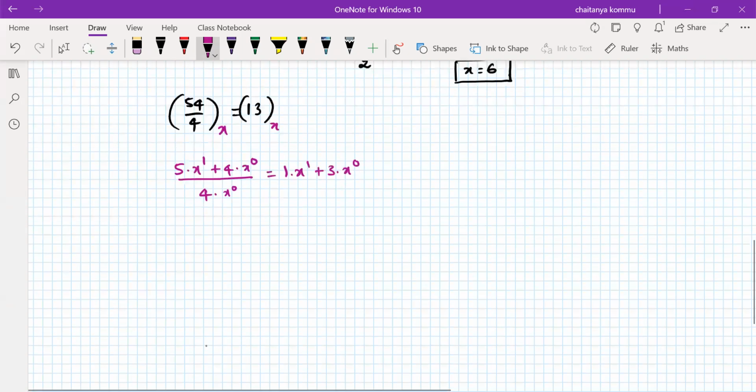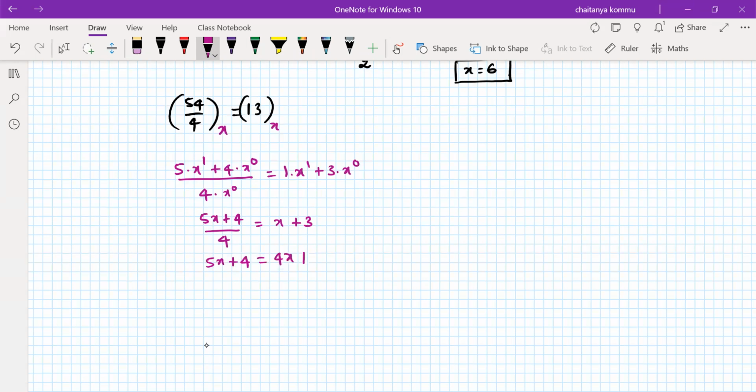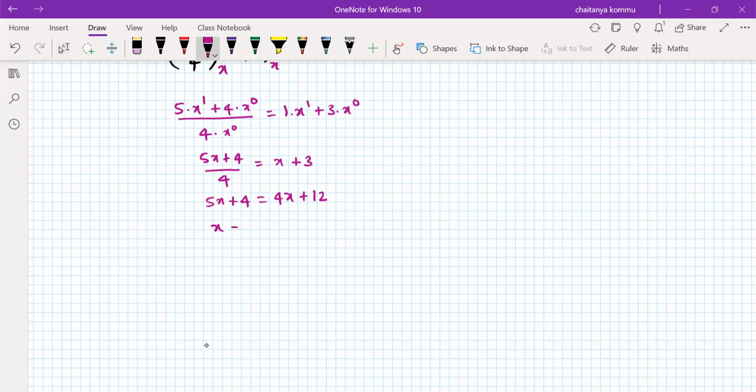So 5x plus 4 divided by 4 is equivalent to x plus 3. So 5x plus 4 is equal to 4x plus 12. The x value is equal to 8. So it is the radix 8 number system they have used.